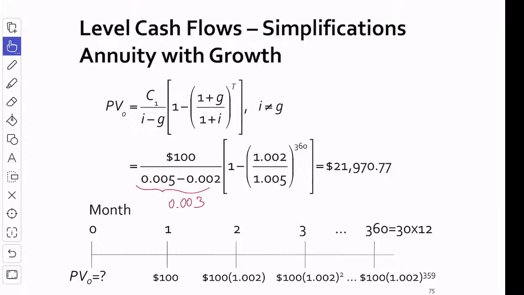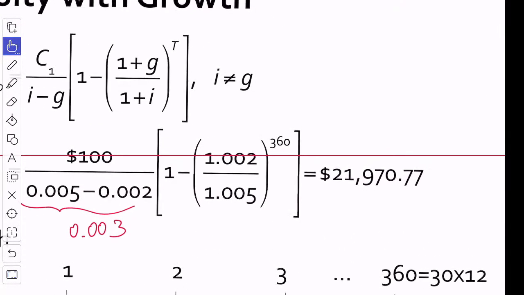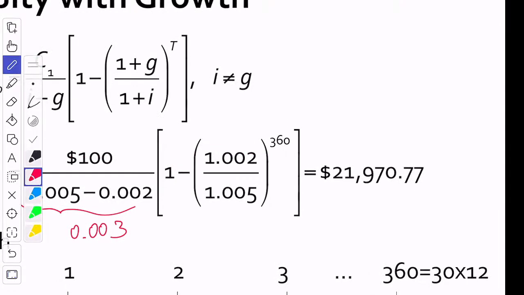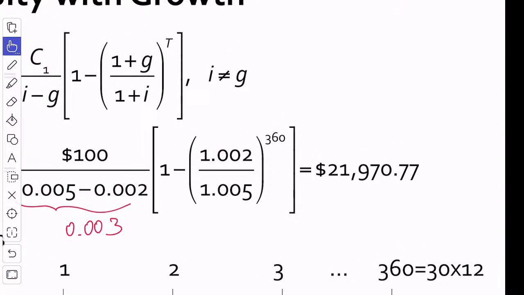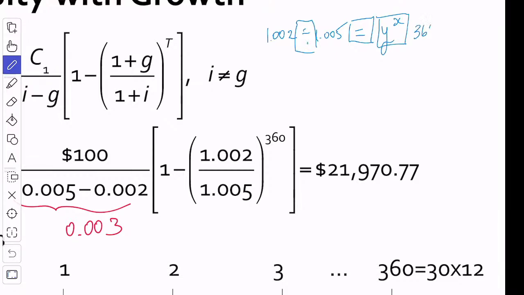So let me expand this a bit and tell you what to type. So we begin with 1.002 divided by 1.005, and then say equals, and then you want to raise it to the power 360.